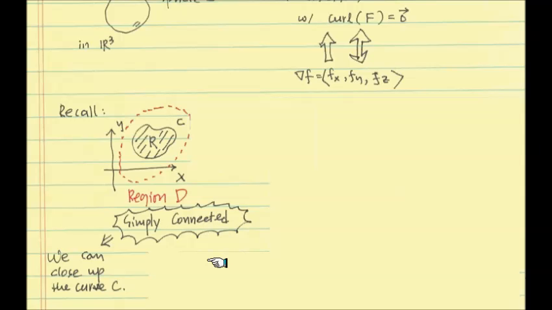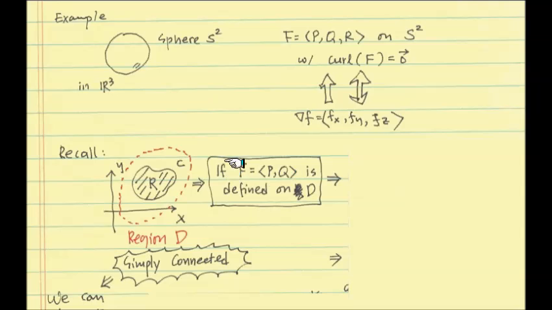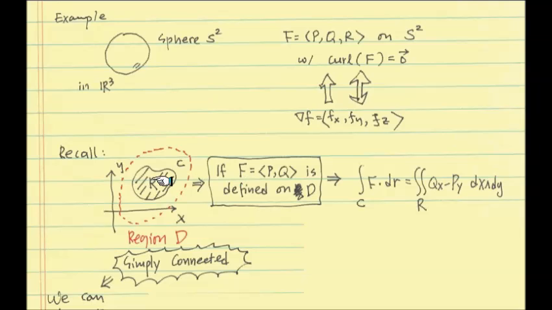So if we have that, the vector field F is nicely defined everywhere, and whatever loop you have inside is going to close up like this, and F is defined. Now because this vector field is defined all inside, we can use Green's theorem. This line integral around C can be written as a double integral, which requires all the inside things to be defined.